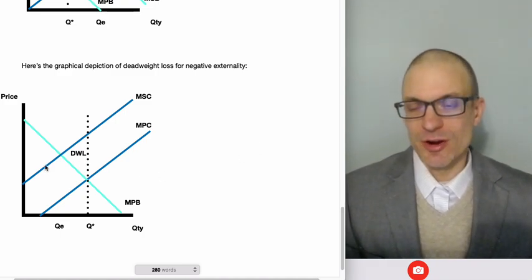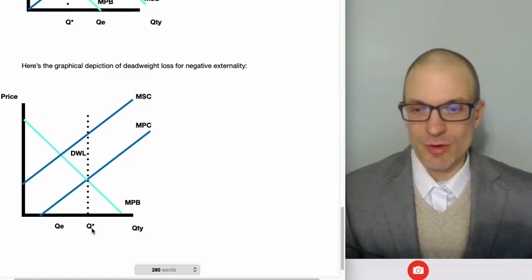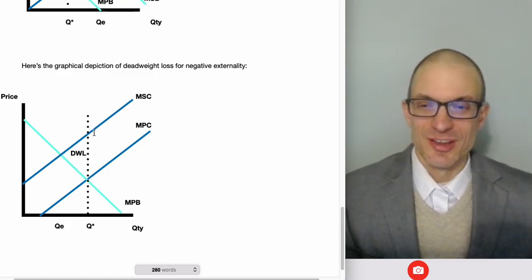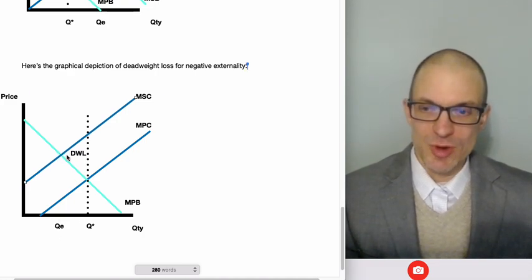That's what's happening here. So the market left to its own devices is going to produce this amount right here, Q star. And the problem is, at this quantity, there are additional higher costs. We got overproduction. The efficient equilibrium is back here, but we've produced too much. We've gone further into the situation where costs exceed benefits.